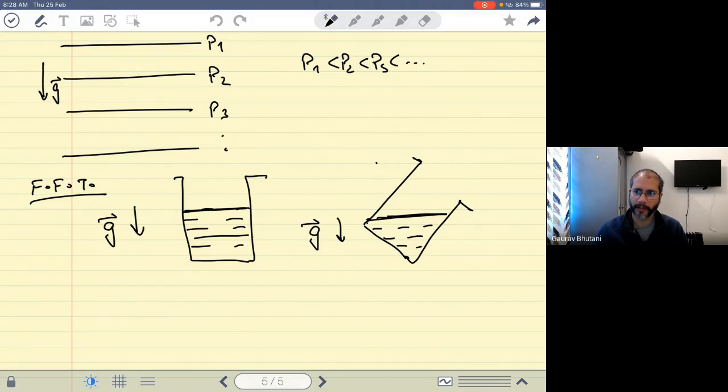Again, you'll see that it will be perpendicular to gravity. The question is, why is the free surface perpendicular to gravity? It's very intuitive, but I would still want you to apply the ideas that we have just learned and show this.